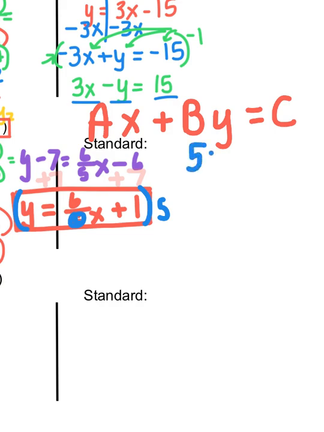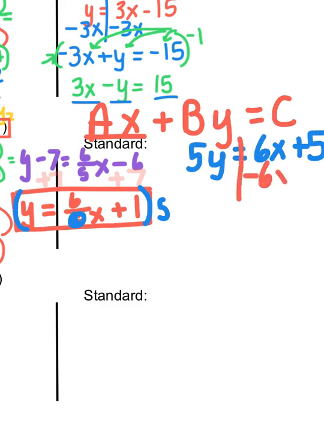So we have 5y equals 6x plus 5. Now that we've done that, we'll make sure that our x is on the same side as our y. So we'll do the opposite so that they can be on the same side.